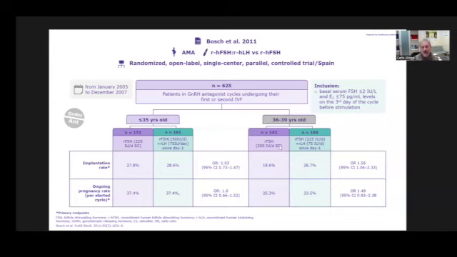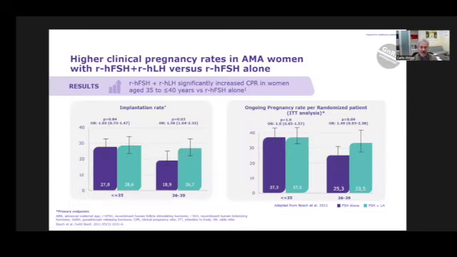The adaptation is more difficult, and providing support by exogenous LH can correct this deficiency in a given percentage of patients.